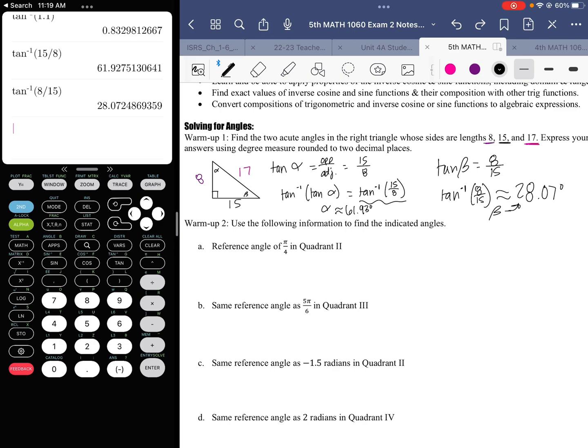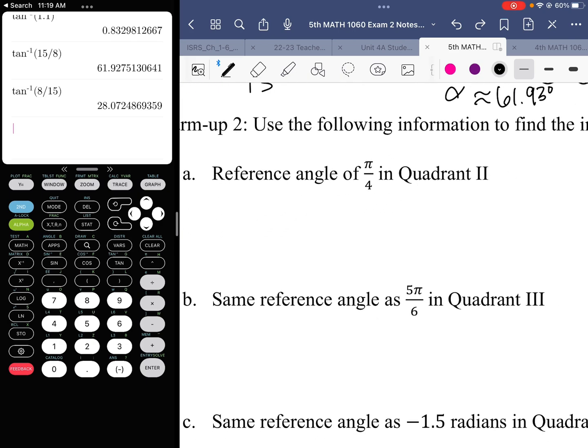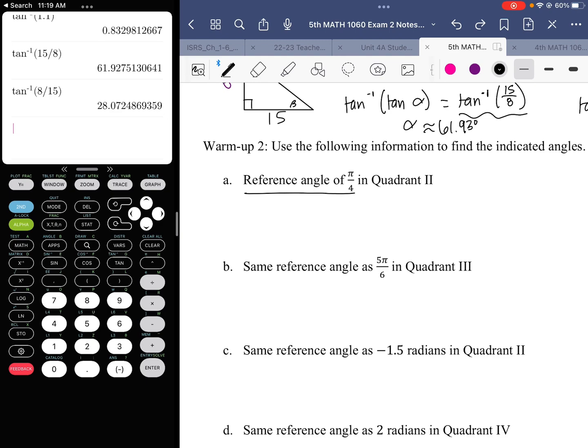All right, so now that we have that, we need to be able to figure out all the other angles too. So the reference angle of pi fourths that's in quadrant 2. So what this means is if we're in quadrant 2, I'm going to draw 1 and 2. You'll see why in a second.